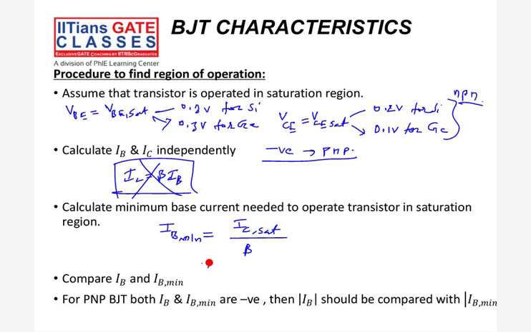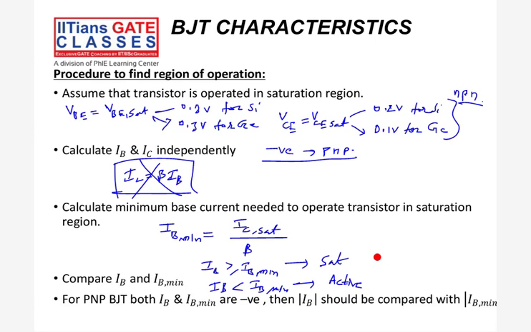If IB is greater than or equal to IB minimum, then the transistor will be in saturation. Second, if IB is less than IB minimum, the transistor will be in active mode.